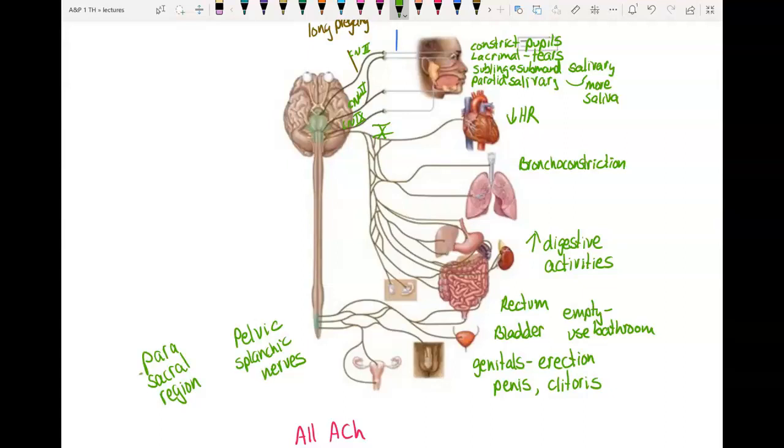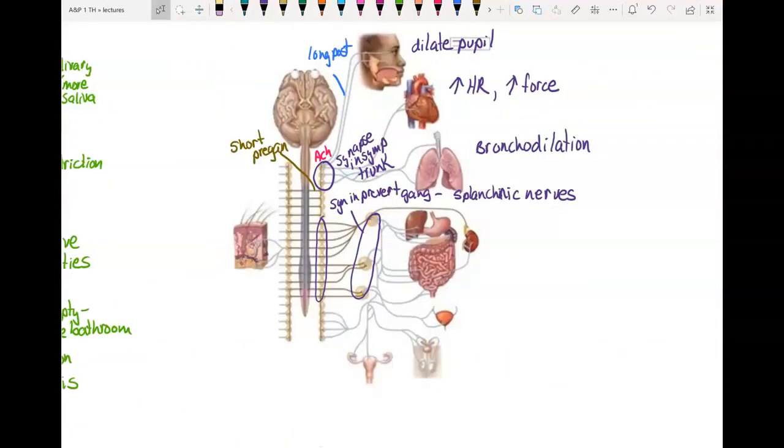And you can kind of remember and think of PSPS: pelvic splanchnic, parasympathetic, sacral. Over here, we don't have the word pelvic. We just say splanchnic nerves. So when you just see the word splanchnic, no pelvic, it is sympathetic. And it means that they synapse in a prevertebral ganglion.